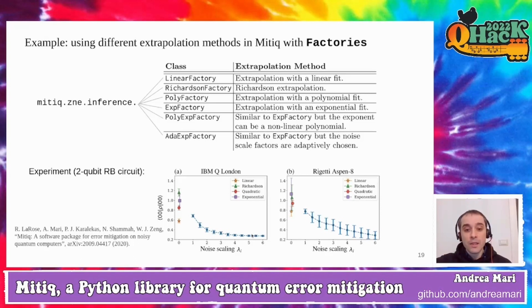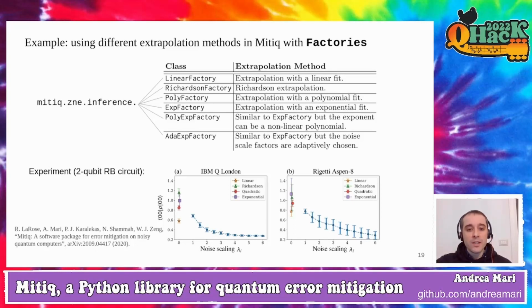What is more, because you are extrapolating, it is, even from a graphical point of view, clear that if you have some error bars on these points, this will be amplified when you do the extrapolation. So you have an extra cost in terms of sampling.